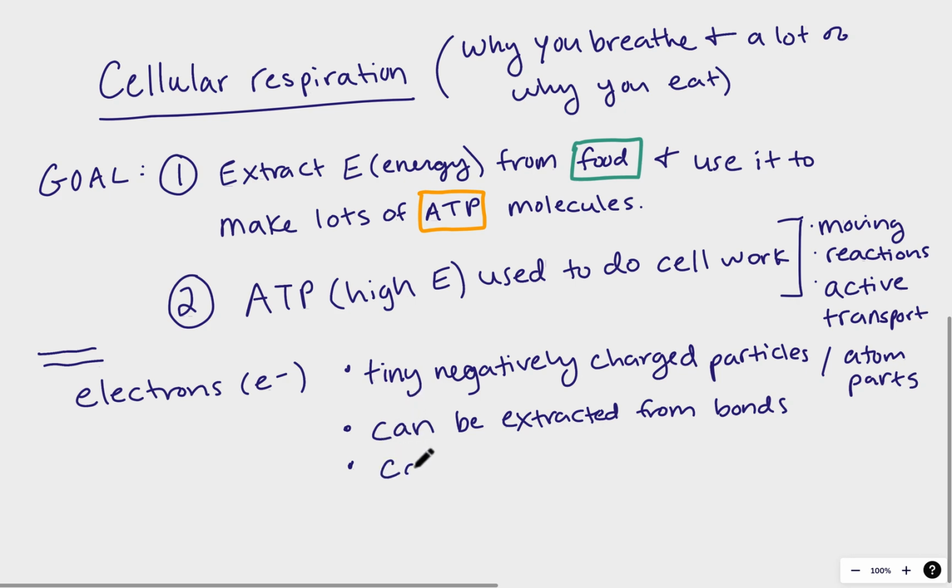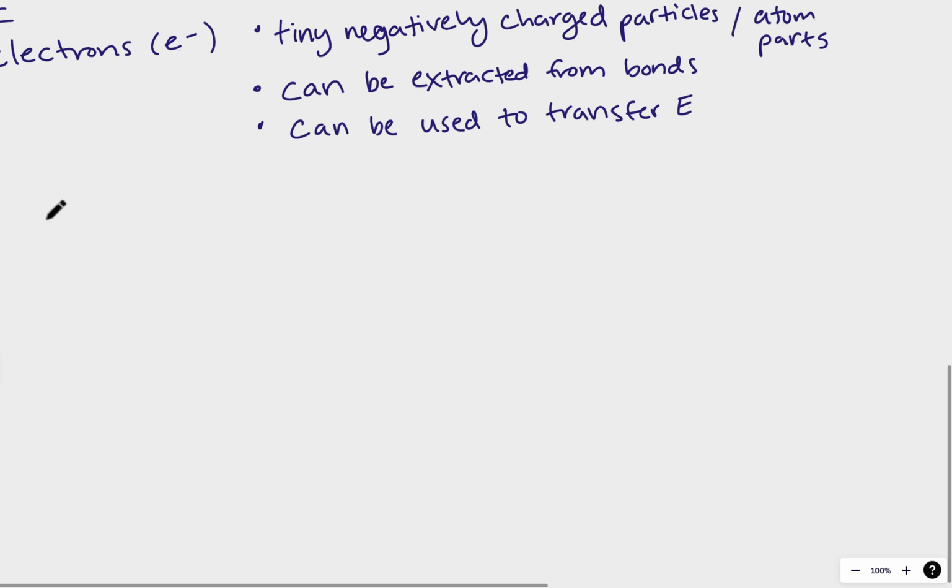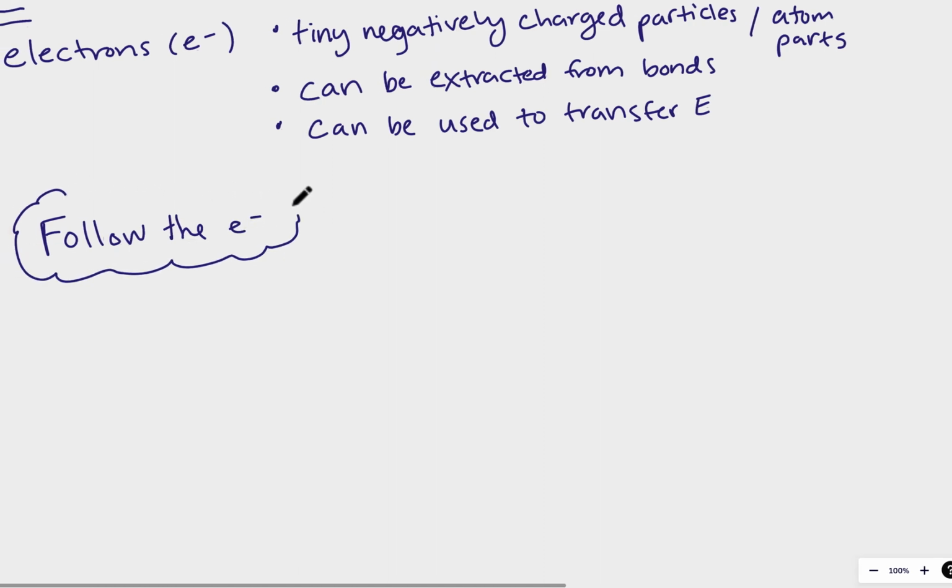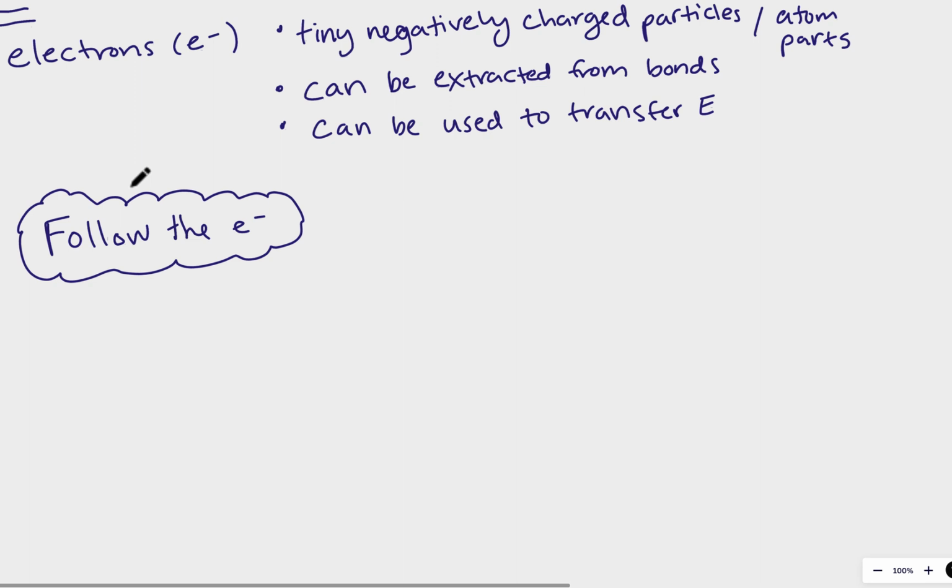And they can be used to transfer energy from molecule to molecule. When thinking about cellular respiration, you want to follow the electrons, because they travel, they flow through this process.